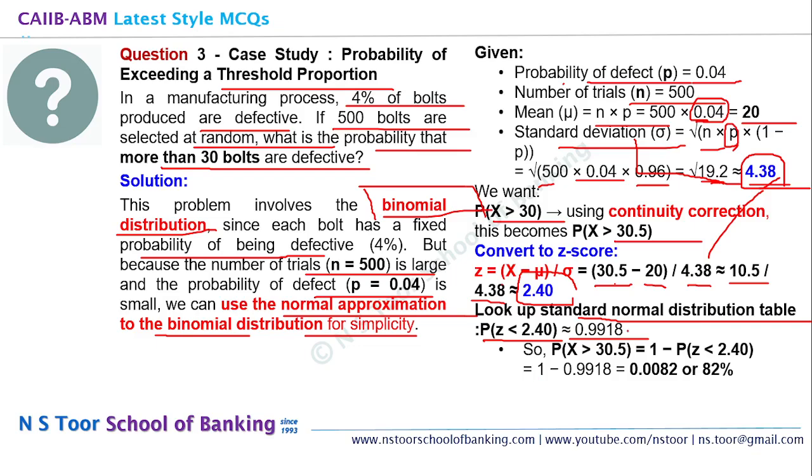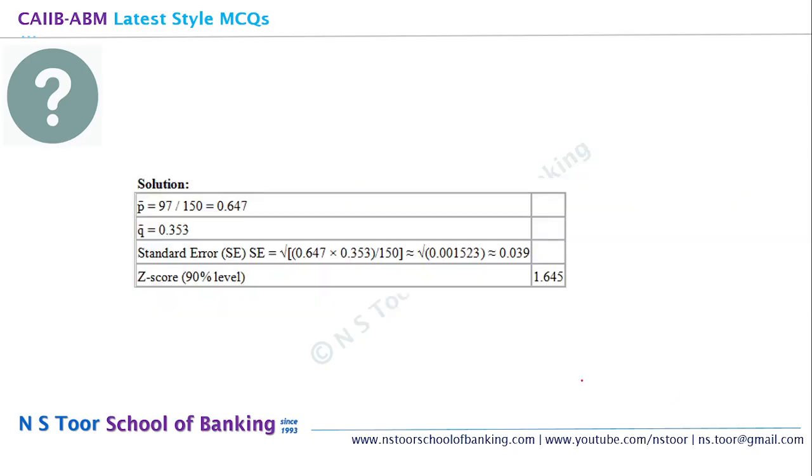So 1 minus 0.9918 is equal to what will be the probability of more than 30? 0.0082. It means this will be my probability that more than 30 volts are defective when we do the sample checking of a random checking of 500 volts. So this is the answer for our question.